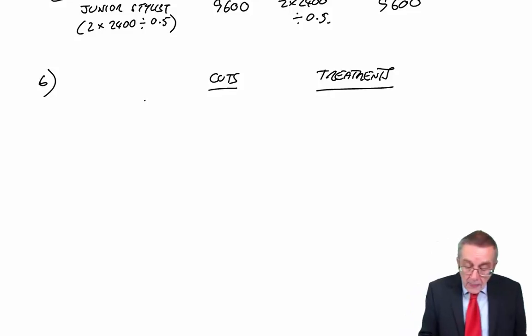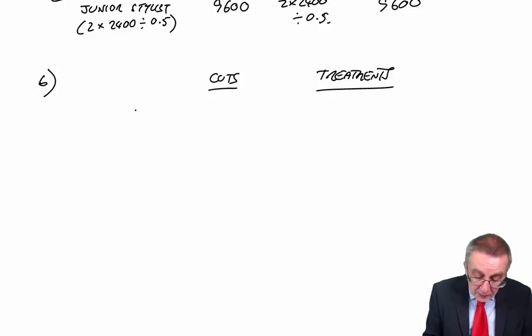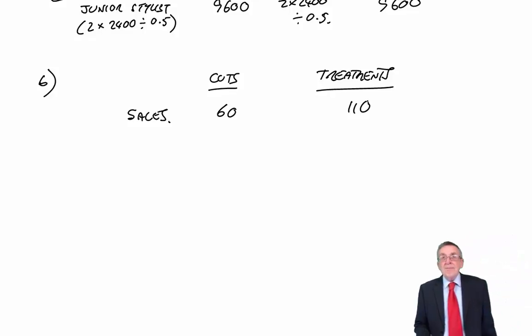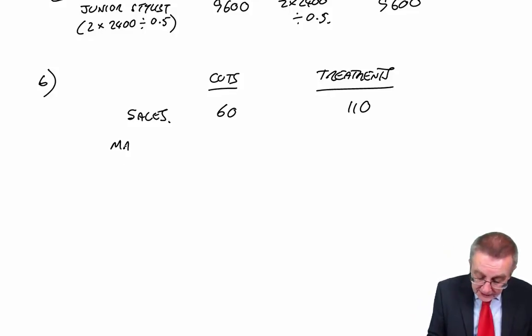And so, effectively we look at contribution, but we take the sales revenue, for cuts is 60, for treatments 110. Subtract variable costs, but again, the only variable cost is materials.